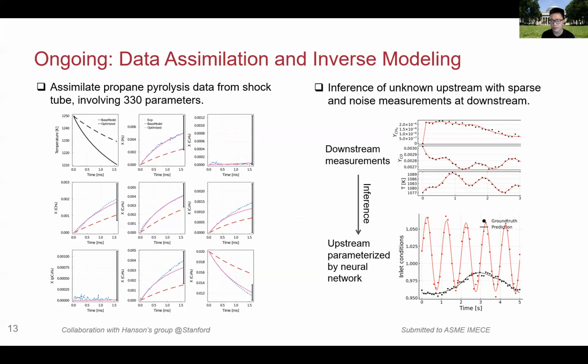Here we approximated the upstream conditions using a neural network model since it's unsteady, and we use differential programming to train this neural network. The approximated upstream conditions show very good agreement with the ground truth value.